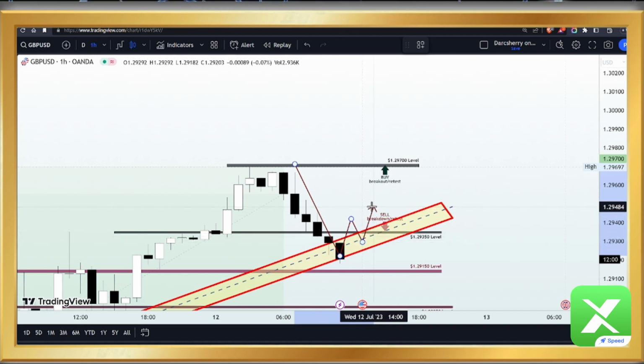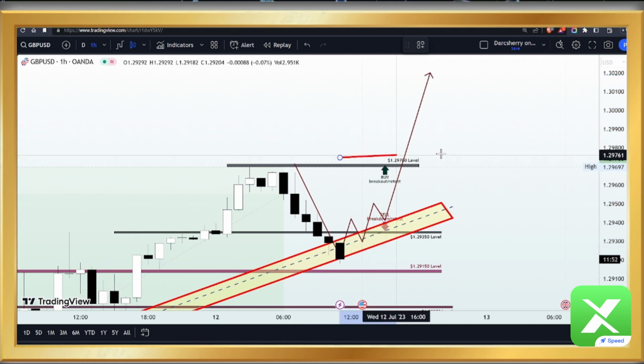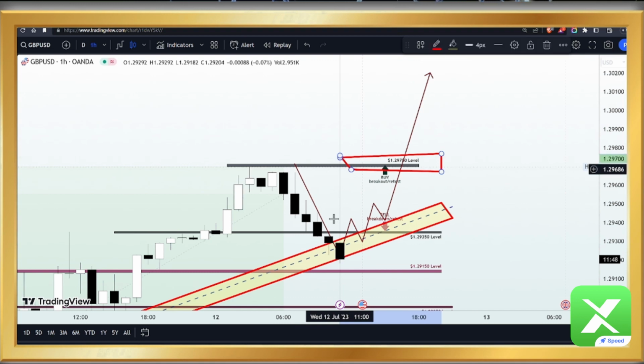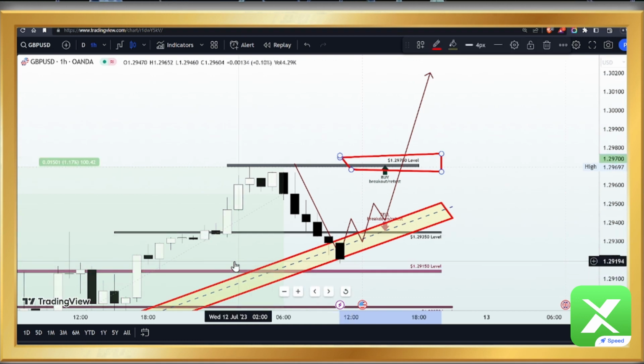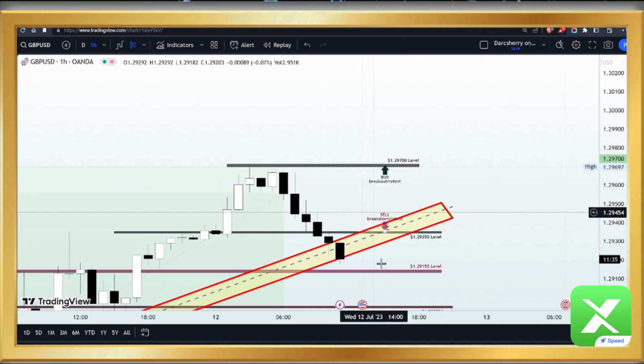Then we identify the neckline, and a break out of it will confirm a trend continuation to the upside, after which we can have our buy stop order, another buy stop order above the 1.27900 level to maximize the potential of that bullish move. So this is what we are going to be looking at on this chart to buy the GBPUSD at this point in time.